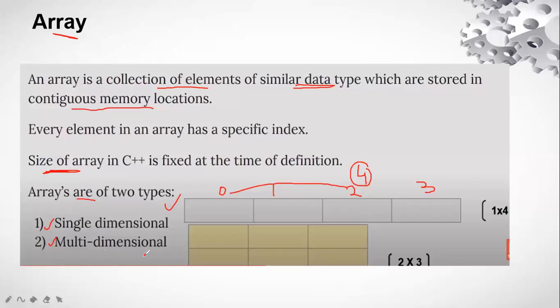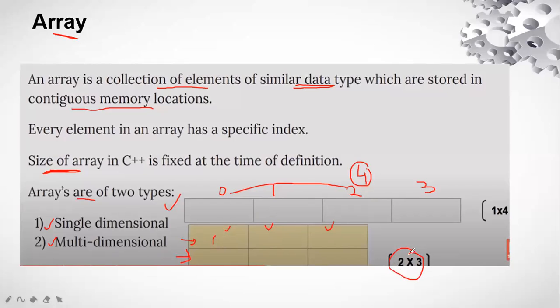Now, when we talk about multidimensional, how do we define it? See, this is row 1 and this is row 2. We have 2 rows, okay? And how many columns do we have? We have 1, 2, and 3. We have 3 columns. We have 2 rows and 3 columns. So how do we define the size of this?